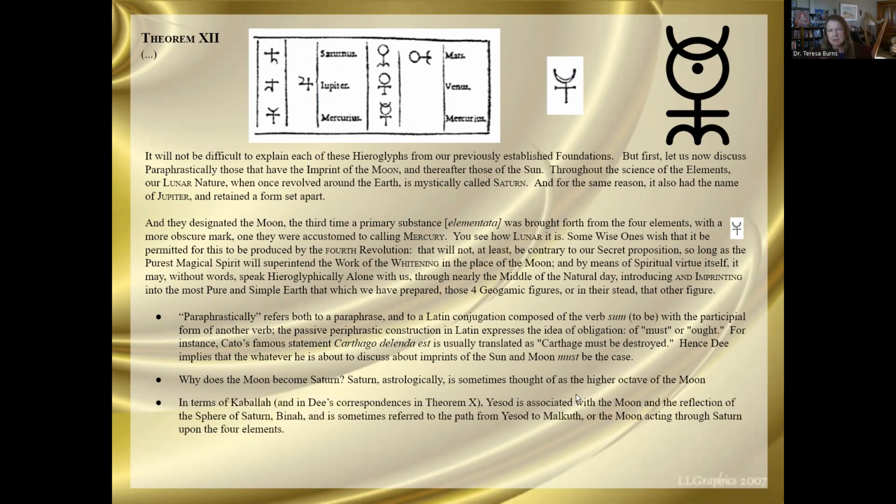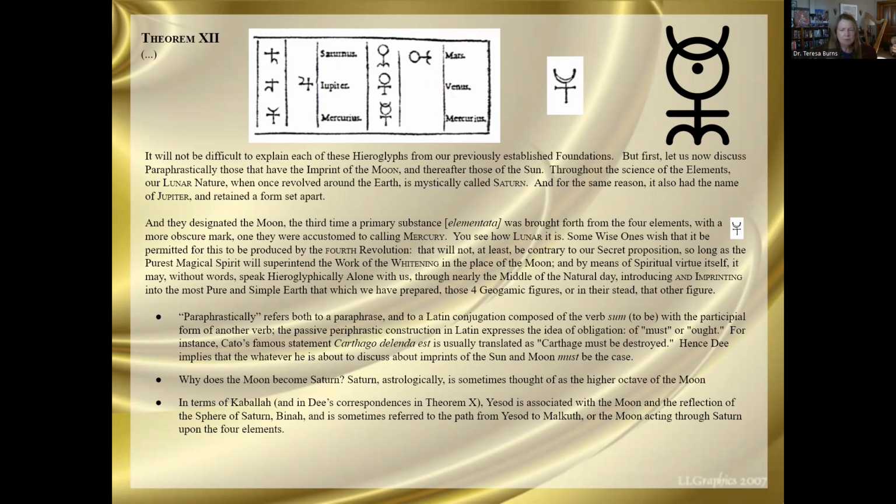So Kabbalists out there perhaps have already filled in the rest of the blank in terms of Kabbalah and the correspondences Dee has in Theorem 10, including quite a few that I didn't even say in that video because I didn't want it to go on for hours. Dee is assuming that you know these correspondences, which you later see pictured out in Kircher but exist back in Reuchlin and so forth.